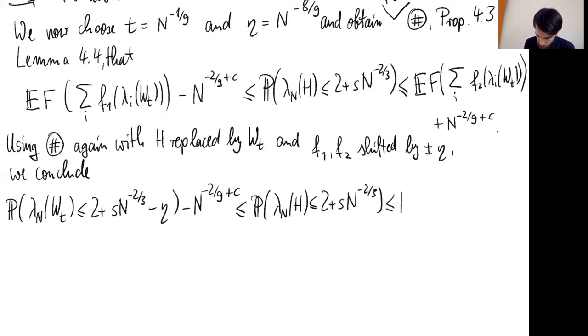And it's smaller than the probability of lambda n of wt smaller than 2s, and now we have to shift it in the other direction. So there's a plus eta here, and then plus the other error term.